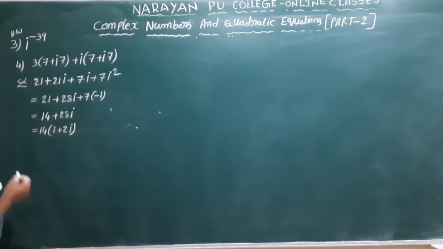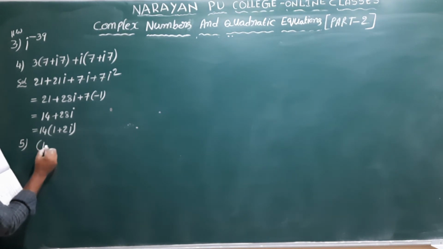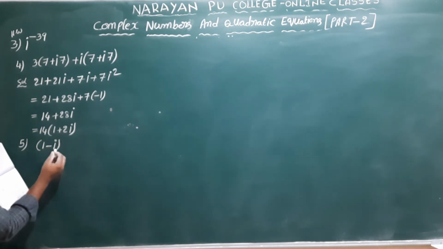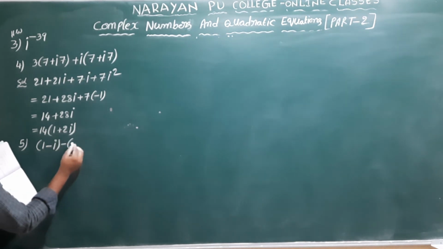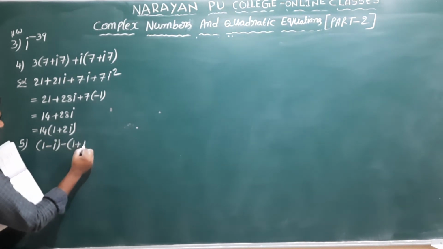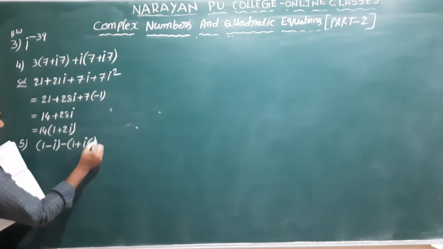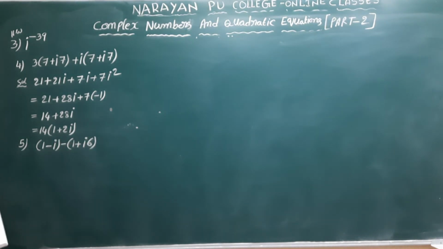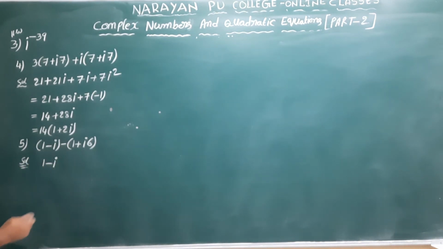Next, the fifth problem: 1 minus i minus of 1 plus i into 6. Just the difference of two complex numbers. First, 1 minus i write as it is.